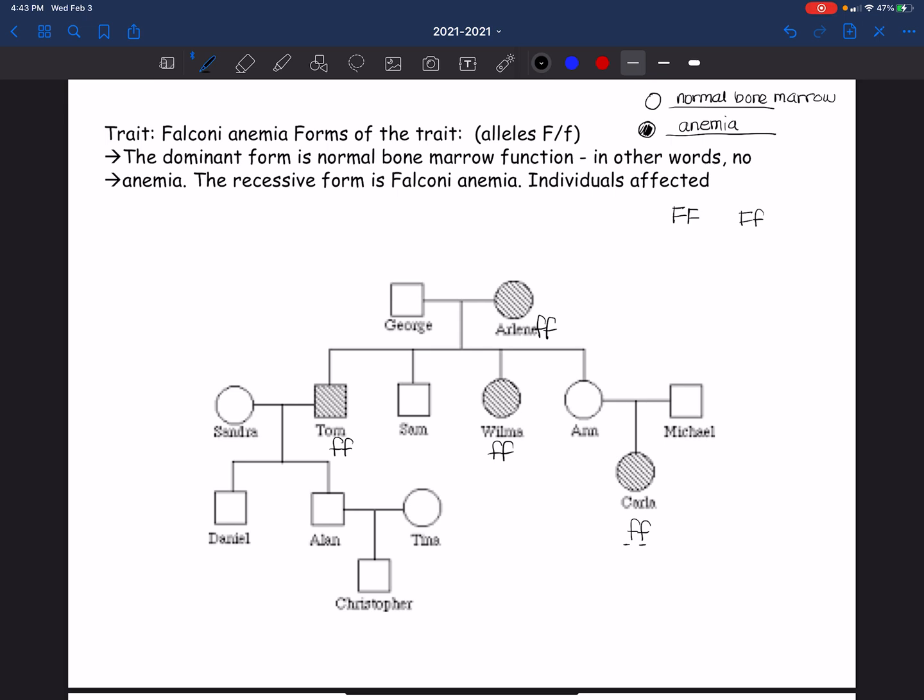But everybody that's not shaded in, I can go ahead and put their possible genotypes until I eliminate the ones that they are or are not. Because these are the 2 possibilities of their genotype, and we're going to try to figure out if we can determine if they only have 1 possibility.